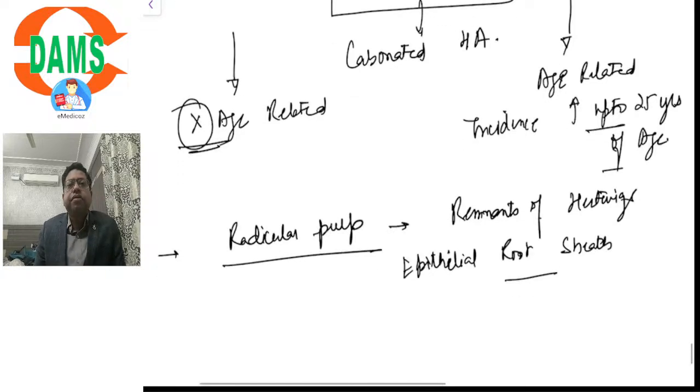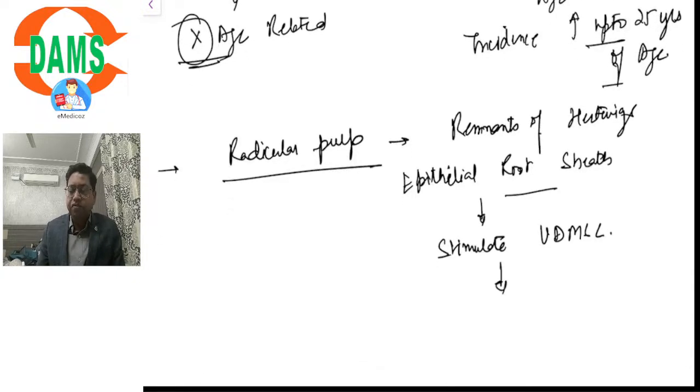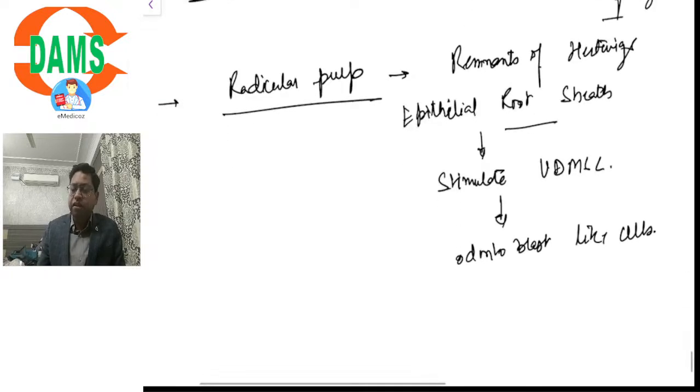Remnants of Hartwig's epithelial root sheath stimulate undifferentiated mesenchymal stem cells that give rise to odontoblast-like cells. Okay. They form calcifications.